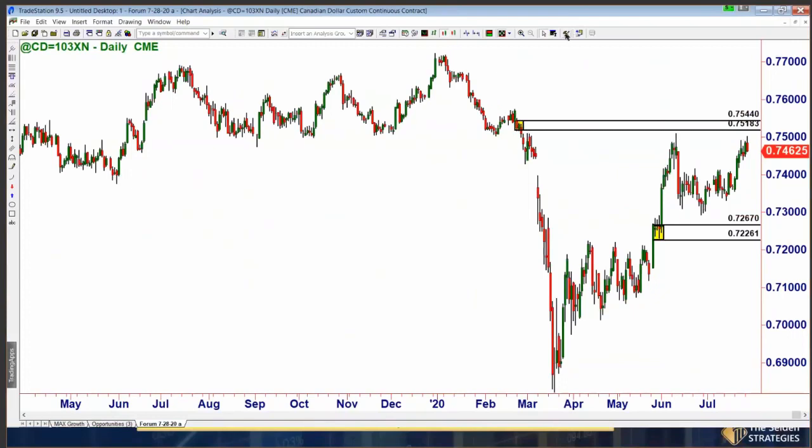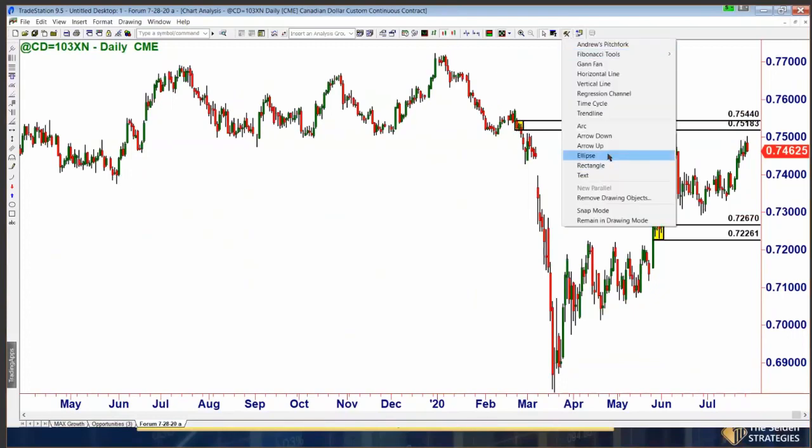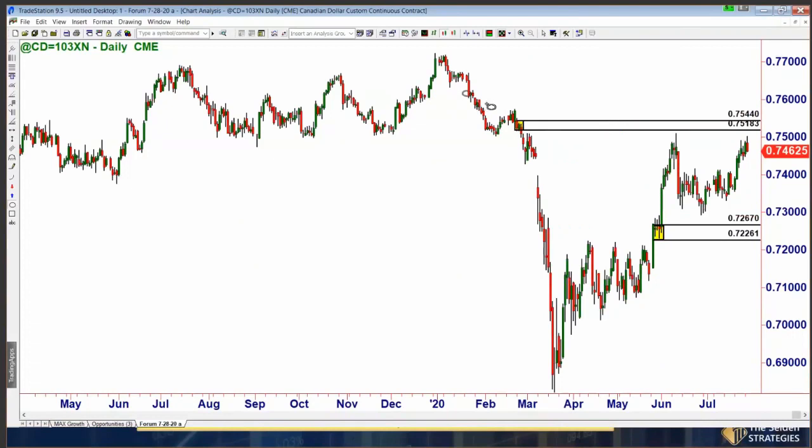Okay, so up in here, you do have what appears to be multiple levels of supply. They're all sitting up there. But you have to get above this high first. Okay, you have to get above this high. So just be aware of that.